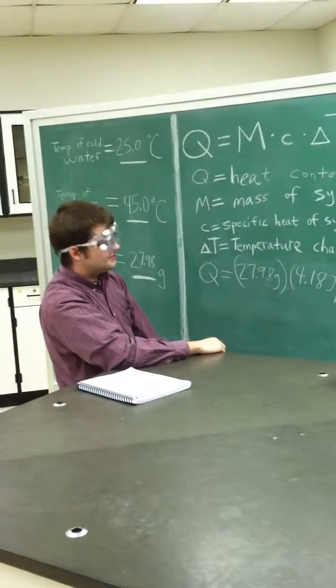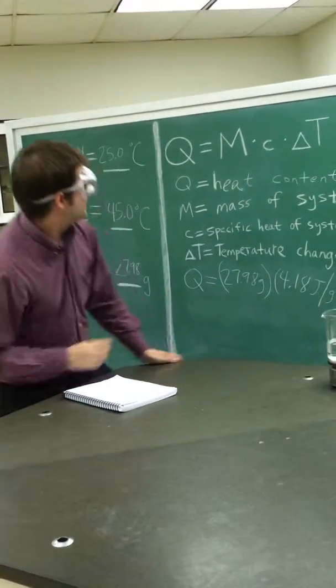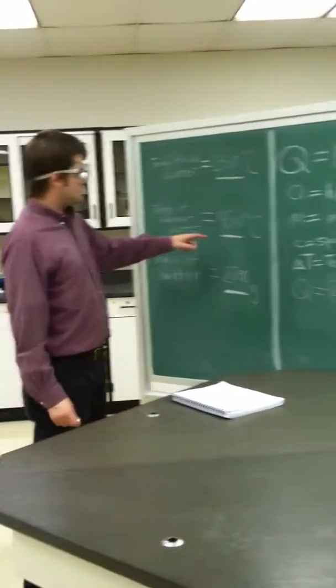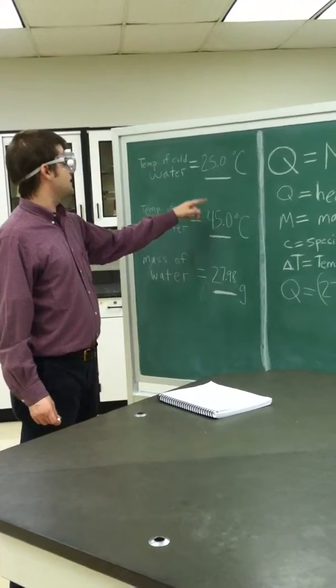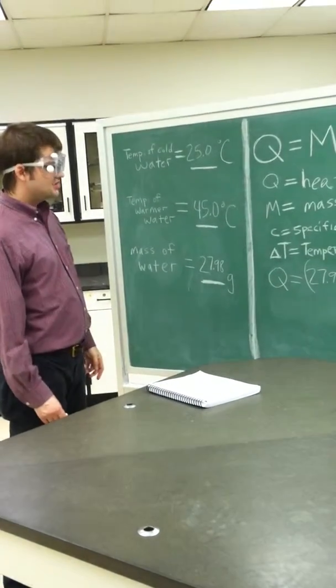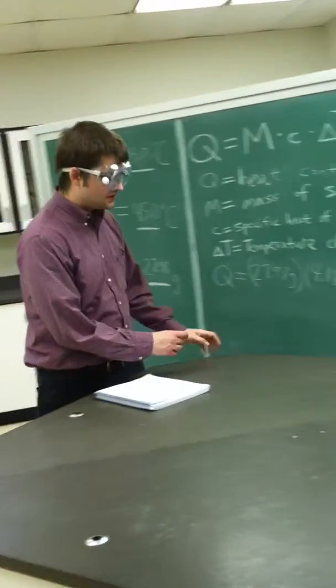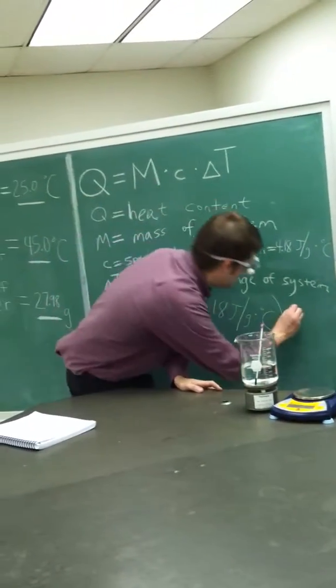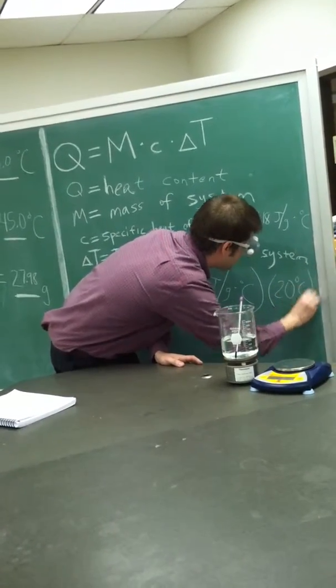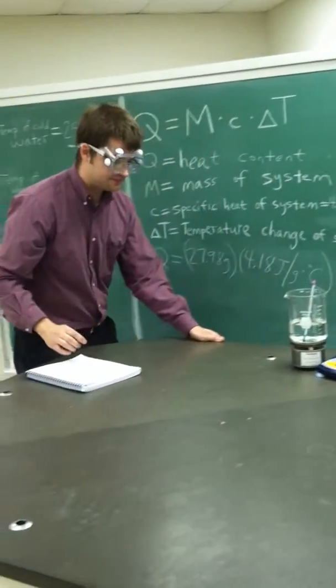And the change in temperature will be 20 degrees because our final temperature will be 45 minus our initial temperature 25 to get a change in temperature of 20 degrees. 20 degrees Celsius.